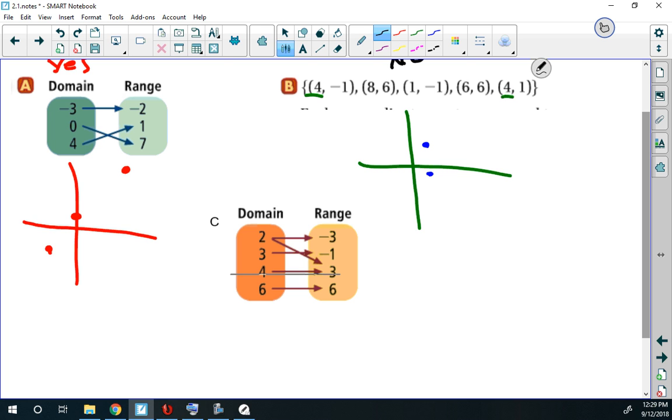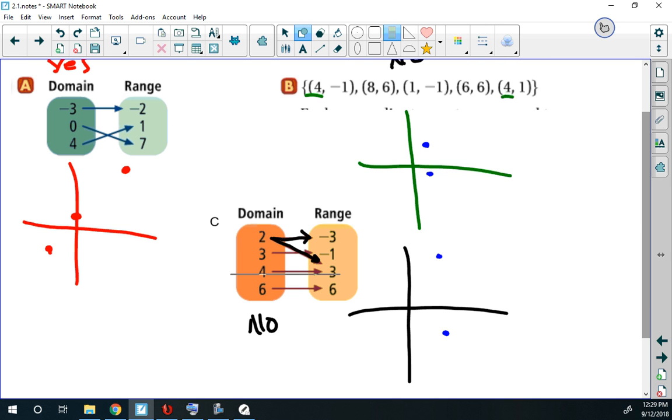What do we say about the arrows? If there's more than one arrow from a member of the domain into the range, then it's not, right? So if we think about number C, that (2, -3) is going to be down here, and (2, 3) is going to be up here, so number C is a no, all right?